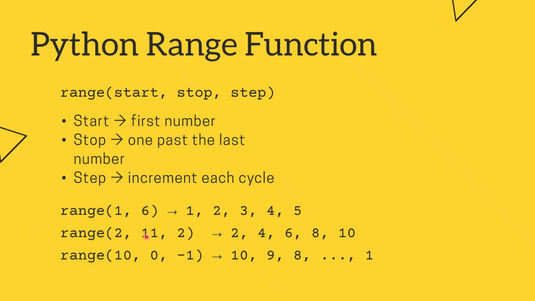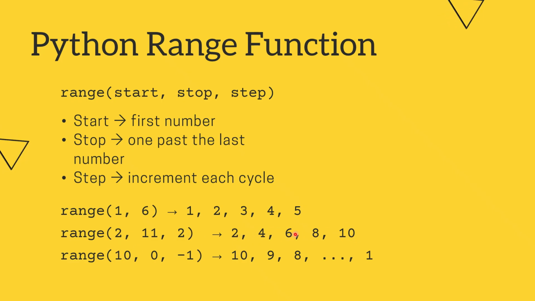So for example, in this one here, 2, 11, and 2. The start is 2, which means it's going to start at the number 2. Then it's going to stop before 11, and it's going to count by twos. So the output is 2, 4, 6, 8, 10.